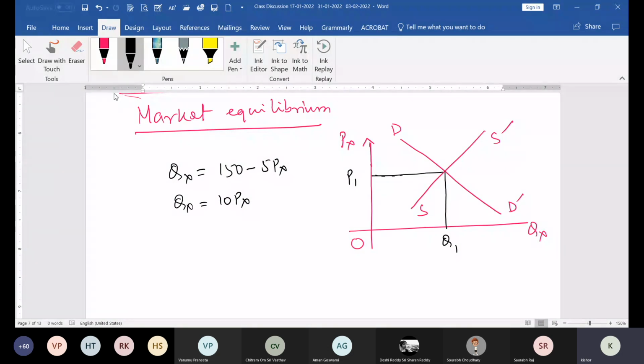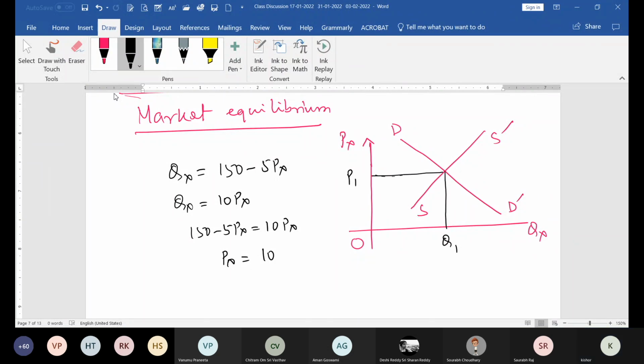You can write it QD or QS, quantity demanded, quantity supplied, it's up to you. So at equilibrium, 150 minus 5Px equals 10Px. So 15Px equals 150, and Px will be 150 divided by 15, which is 10.